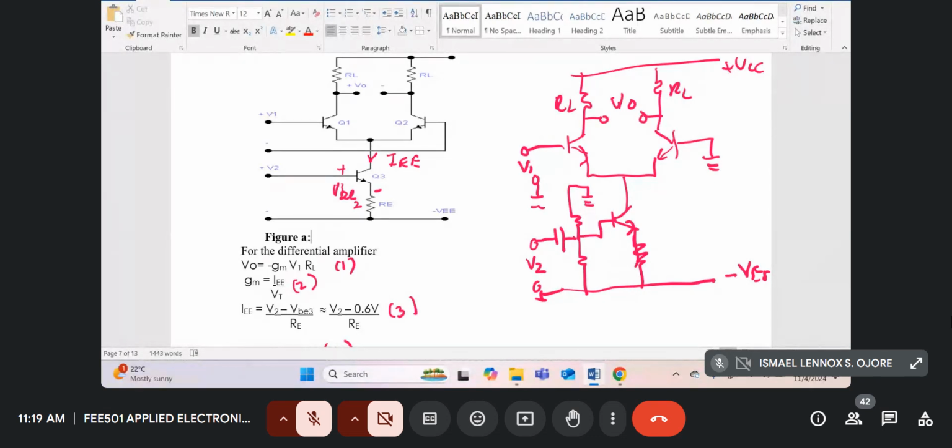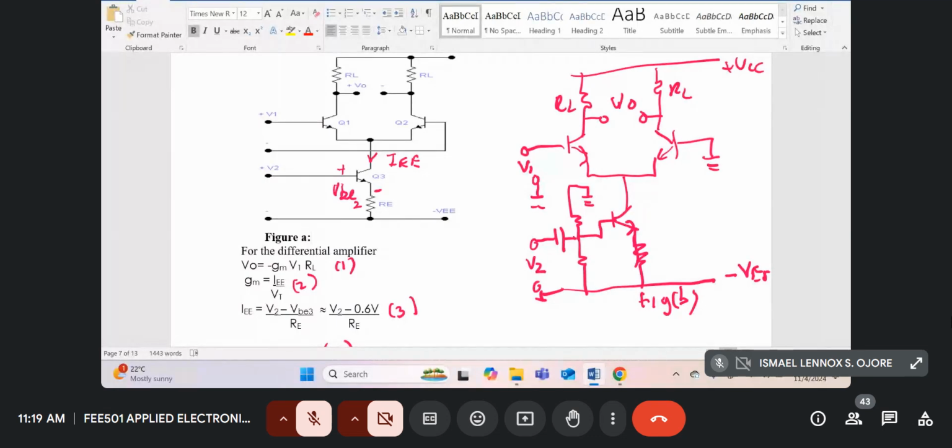But if you use this diagram I've drawn over here, let's call it figure B, for multiplications of AC, and this is a very good circuit, figure B. It will multiply both the positive and negative.